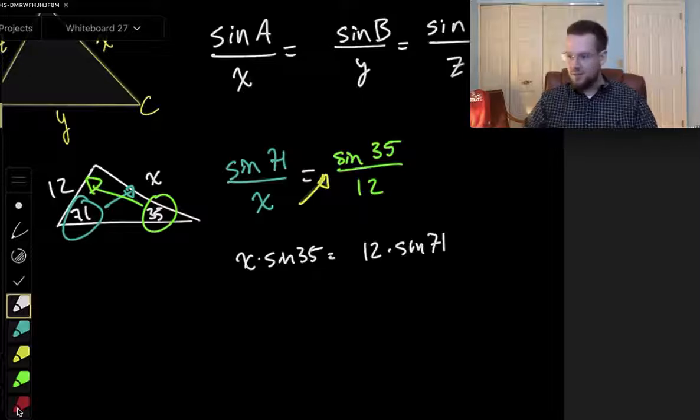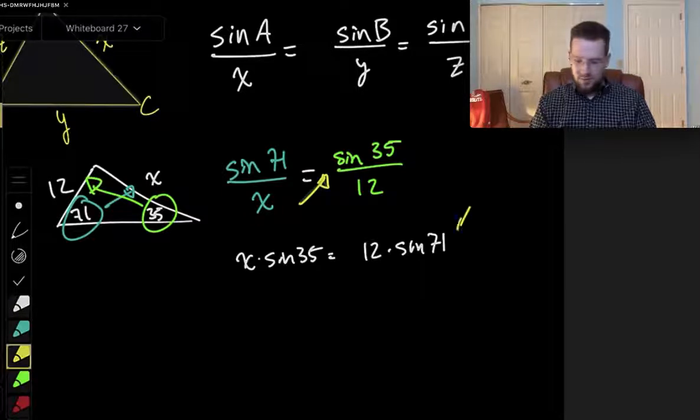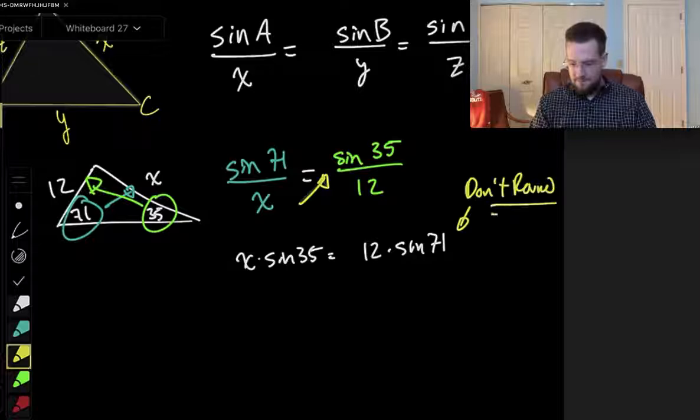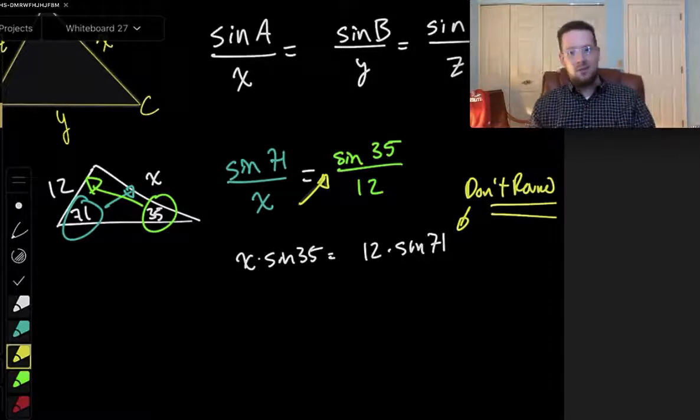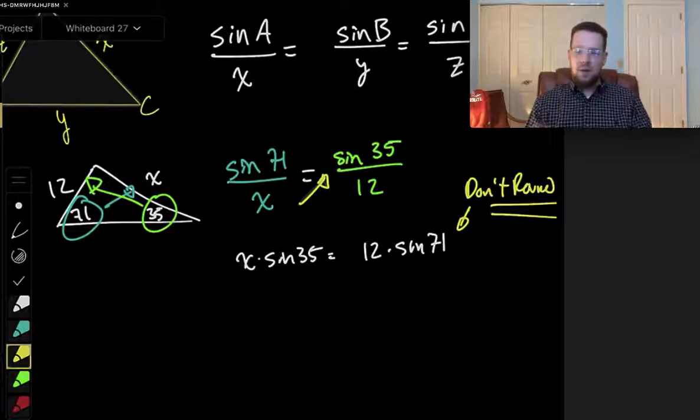I'm just going to leave it like this, because at the end of this, don't round. It will be easier not to, and your answer might not be correct, especially with the fill in the blanks. The way that I'm going to recommend everyone doing this is to hold off until the end to do your rounding, and I'll show you why in a second.